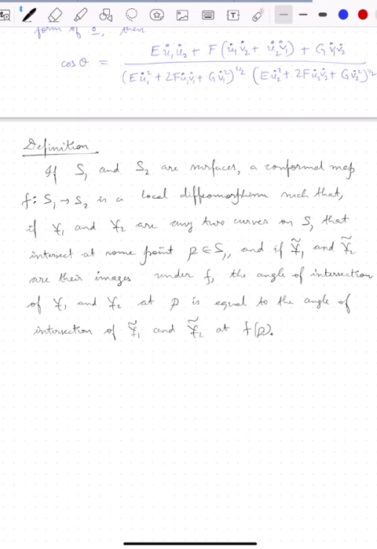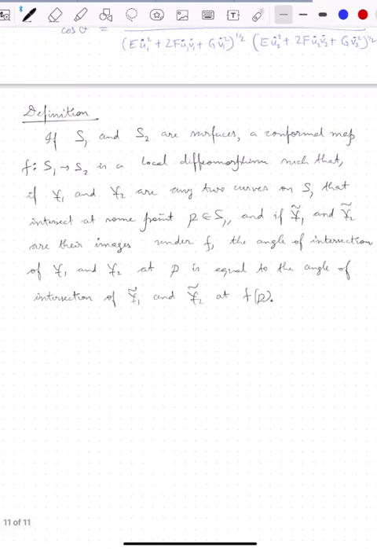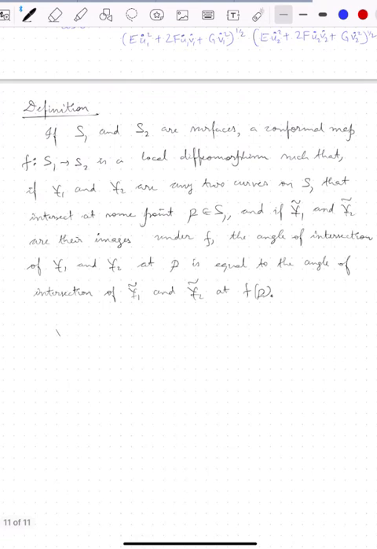So this is what it is. In short, the map f is conformal if and only if it preserves angles.